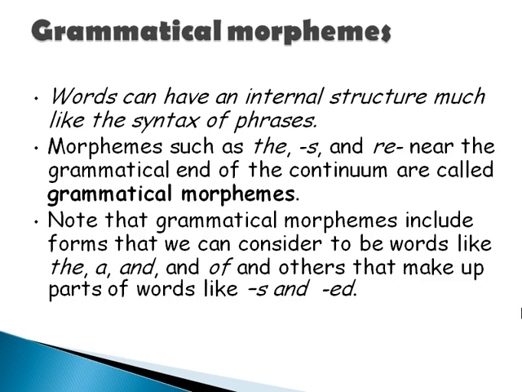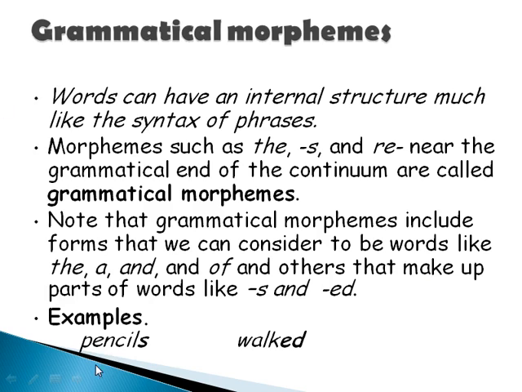Grammatical morphemes include forms that we can consider to be words, like the, a, and, the prepositions and the connectives, the conjunctions, and others that are simply parts of the words, like the final s, the final ed, or the genitive, apostrophe s, like pencils and walked.